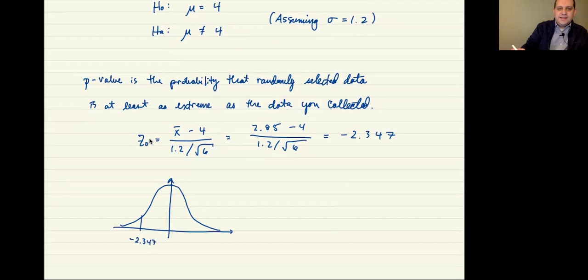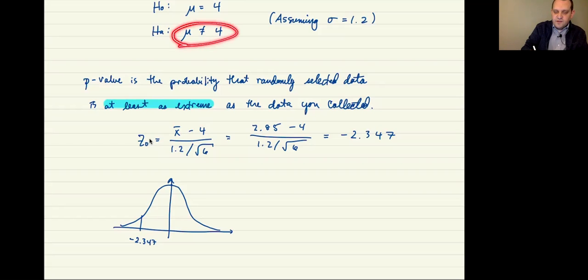And at least as extreme, I want you to concentrate on that phrase. At least as extreme in this context means what's the probability that your data was at least this far away from 4? And there are two ways to be this far away from 4.